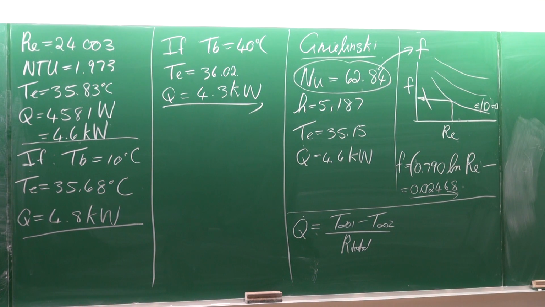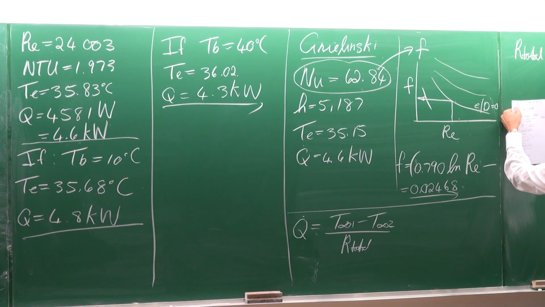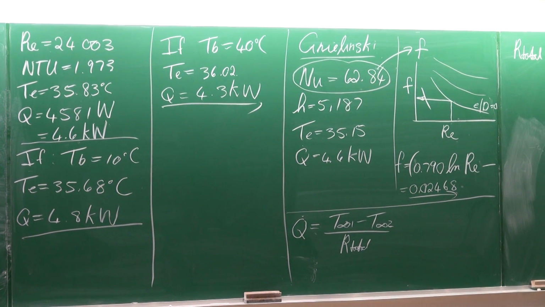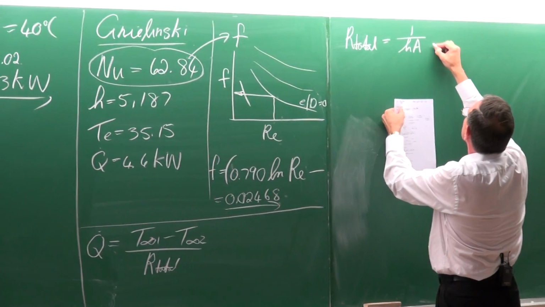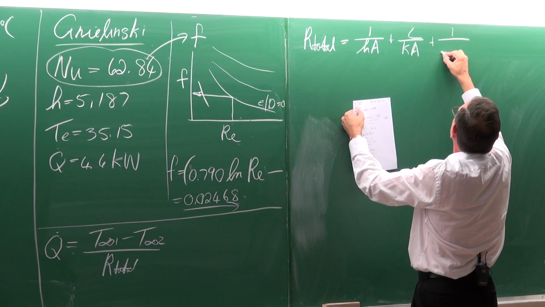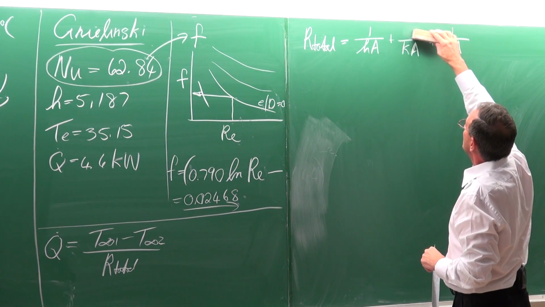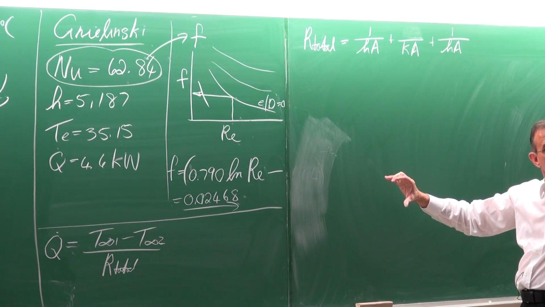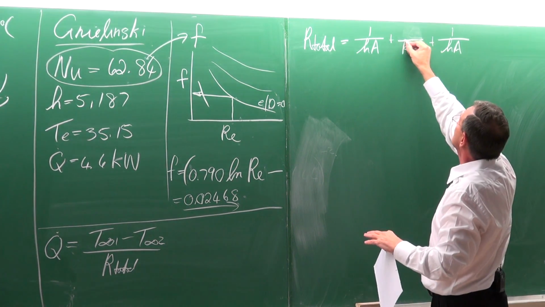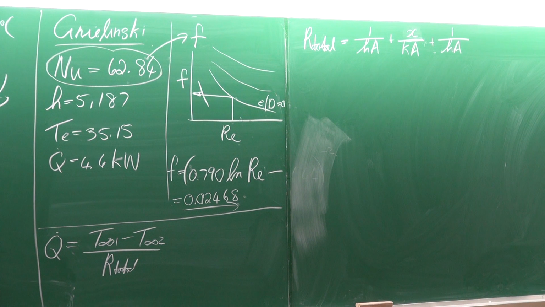And the total resistance would be equal to 1 divided by the heat transfer coefficient on the inside multiplied by the area, plus L divided by kA, plus 1 divided by the heat transfer coefficient on the outside multiplied by the area on the outside. Just be careful, this L is not the length of the duct, it is actually the thickness of the insulation. So I'm going to call that X, the thickness of the insulation.